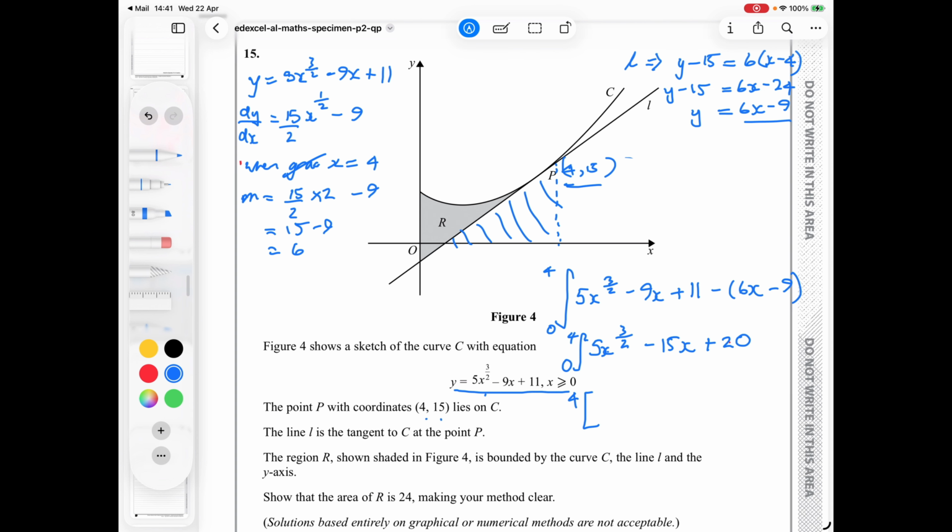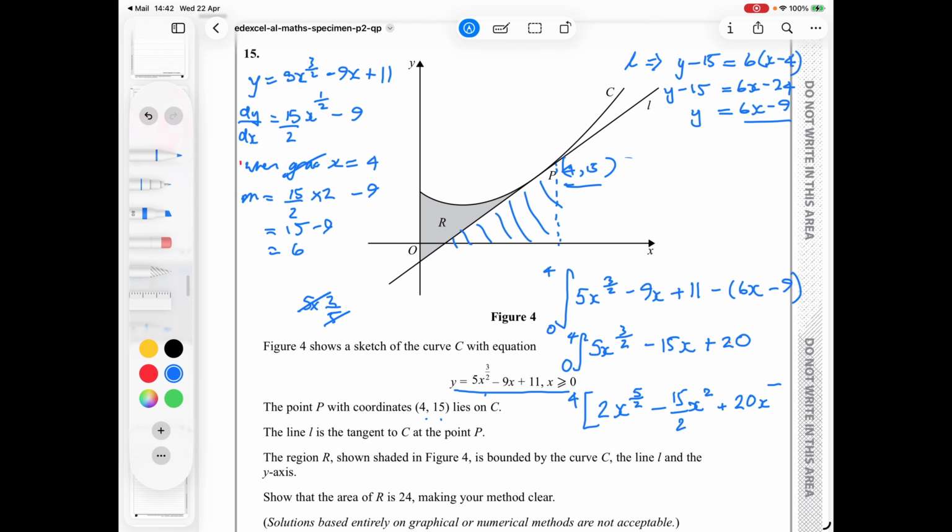So we have to put x up, so it's x to the 5 over 2, and then we times by 2 over 5, so that would be 10 over 5, which is 2. So essentially what I've done is 5 times 2 over 5, which cancels. Minus 15x squared, so it's x squared, and then you put the 2 underneath and put the 15 on top, plus 20x.